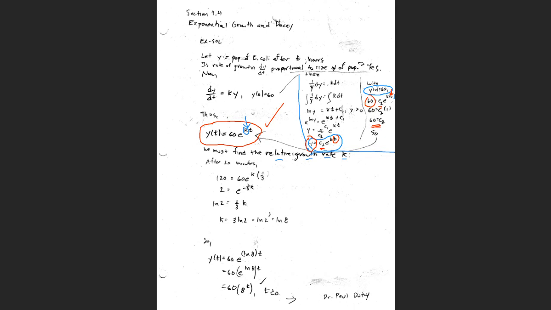Well, there was another piece of information in the problem that said that the cell divides into 2 cells every 20 minutes. Of course, 20 minutes is 1/3 of an hour.